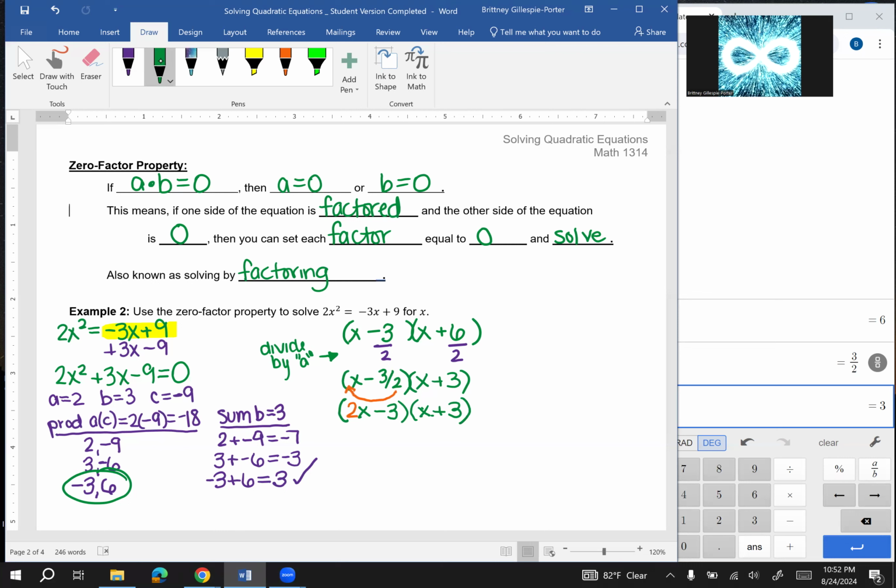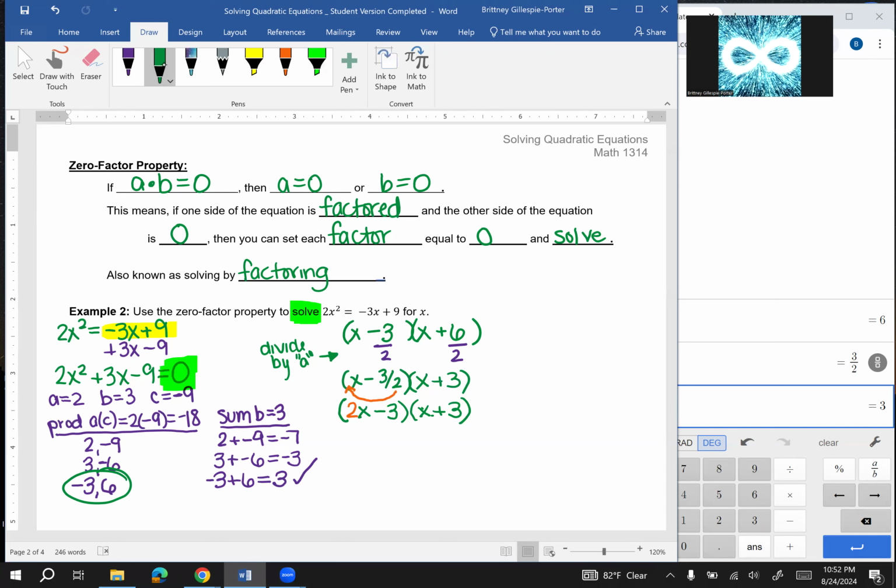We're officially done factoring, but remember this problem asked us to solve. When you solve, you need to have x equal to a number, y equal to a number, whatever your variable is, equal to a number. Remember that we had our equation equal to 0.